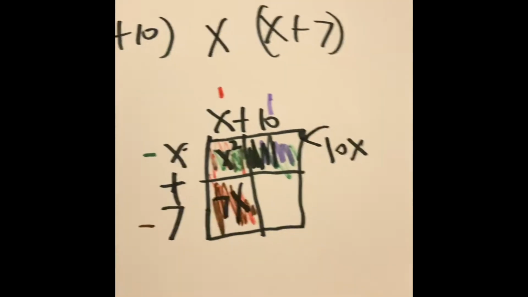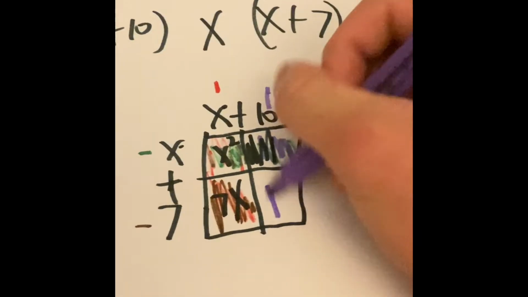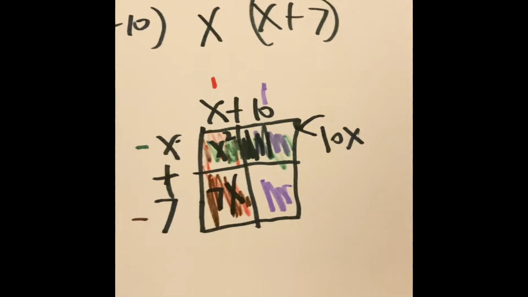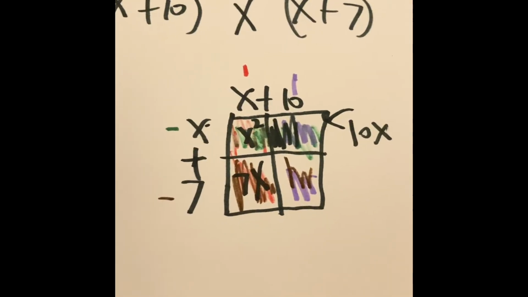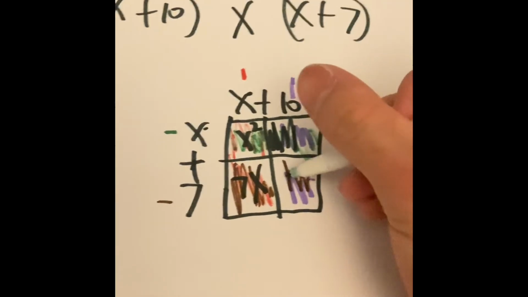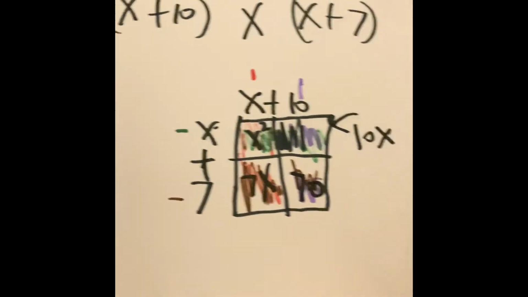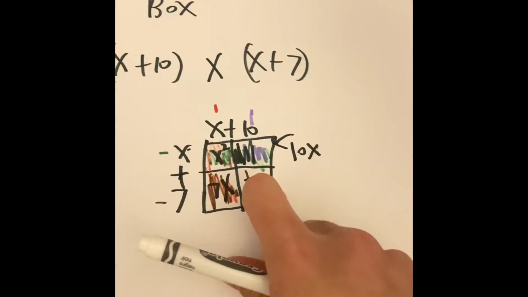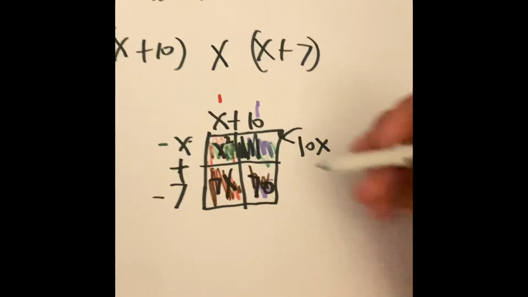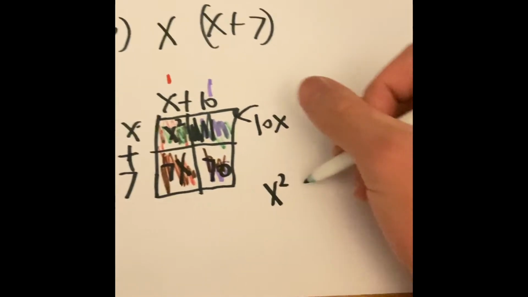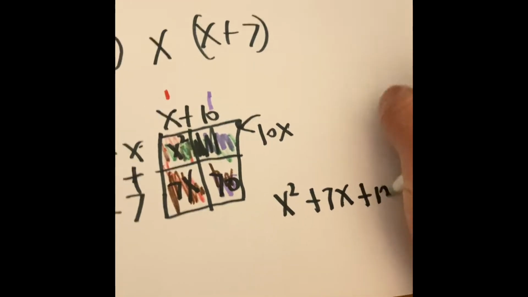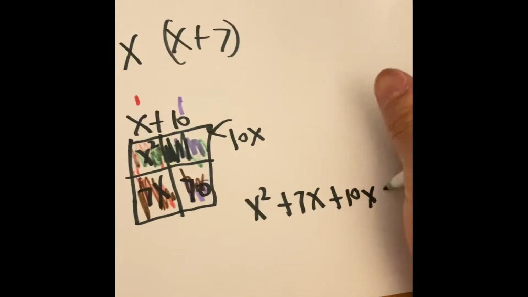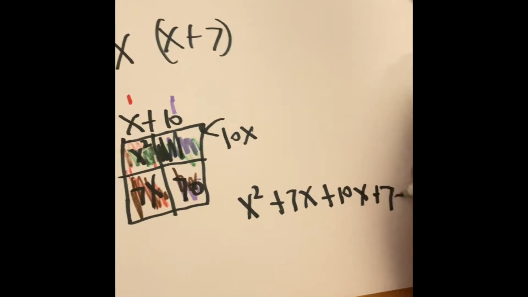And last but not least, we have purple and brown, which means 10 multiplied by 7 will become the usual 70. So from all the boxes, we have to add them all up: x squared plus 7x plus 10x plus 70.